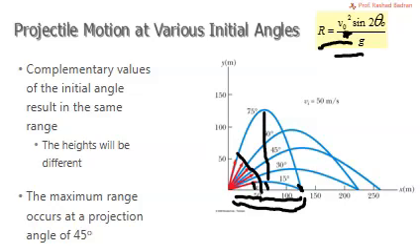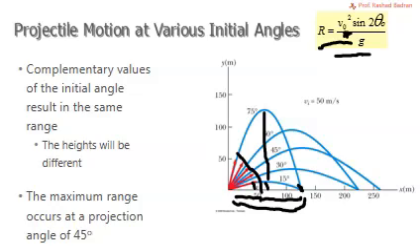Also, from this relation, we can get the maximum range. As we know, sine theta is equal to 1, this is the maximum value for the sine to take. The angle that makes sine equal to 1 is obviously 90, so we have to have 2 theta naught equal 90 degrees.